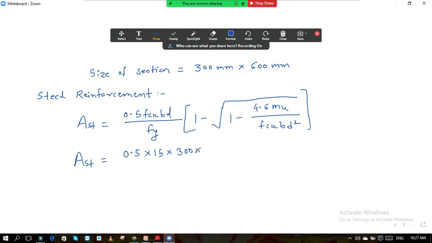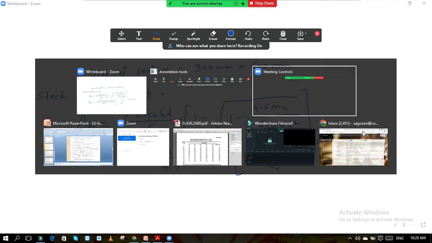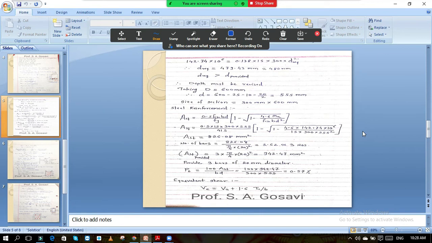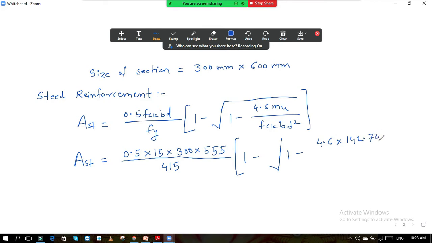Then b is 300. Then our effective depth is 555, divided by fy, which is 415, and here in the bracket it is 1 minus square root of 1 minus 4.6 into our Mu value, 142.74 into 10 to the power 6, whole divided by fck, which is 15, into b, which is 300, into d square, that is 555 square.